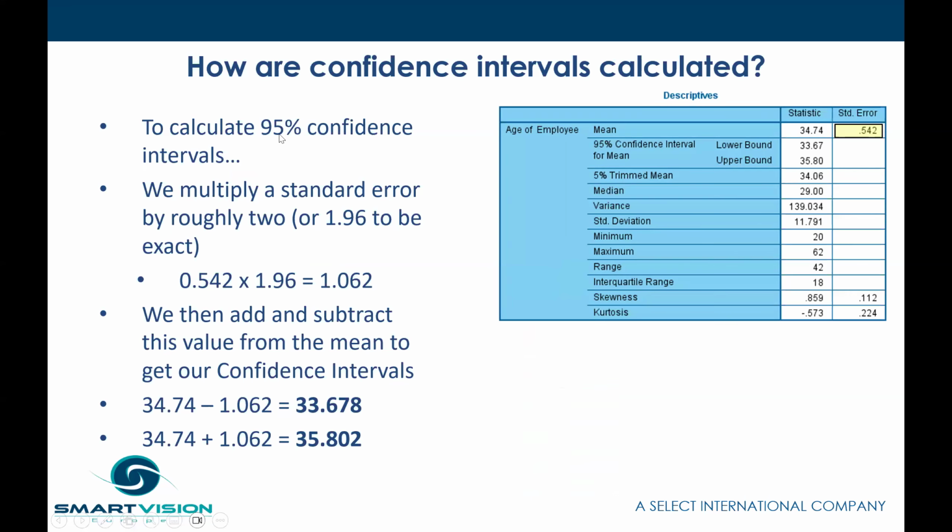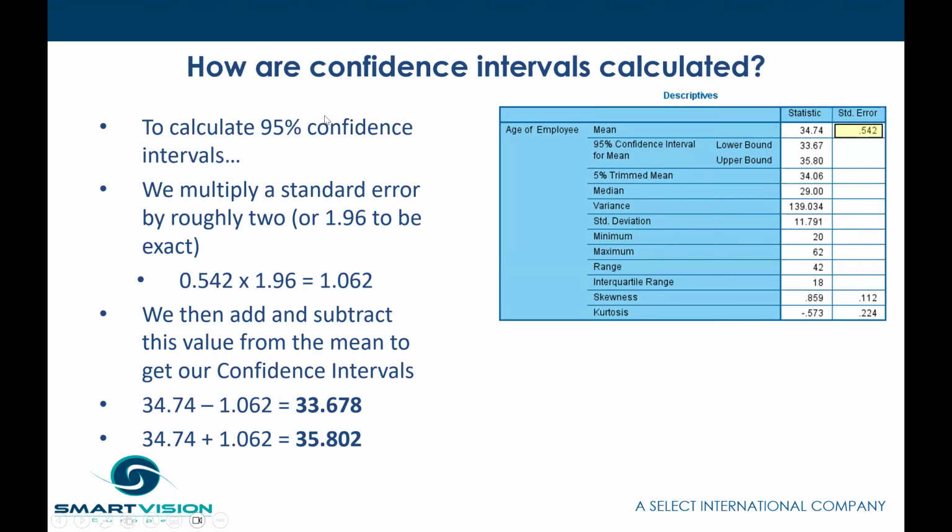And to calculate the 95% confidence intervals, what you do is you take the standard error and you multiply it by 1.96, because in statistics, 1.96 is associated with 95%, because 95% of cases in a normal distribution fall between 1.96 standard deviations above and below the mean.